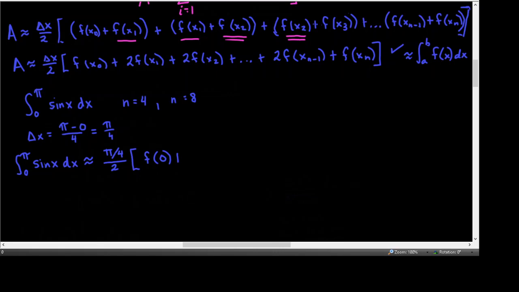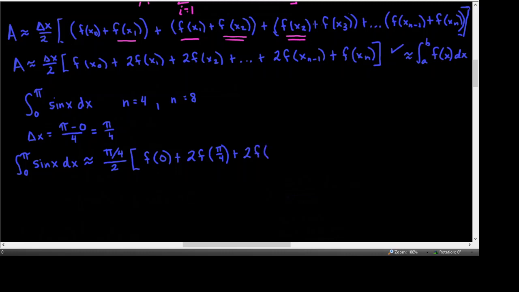Then we're going to move pi over 4 to the right of that because our delta x is pi over 4. So we're going to have 2 of f of 0 plus pi over 4, which is pi over 4. Then we're going to move pi over 4 to the right again. Pi over 4 plus pi over 4 is pi over 2.